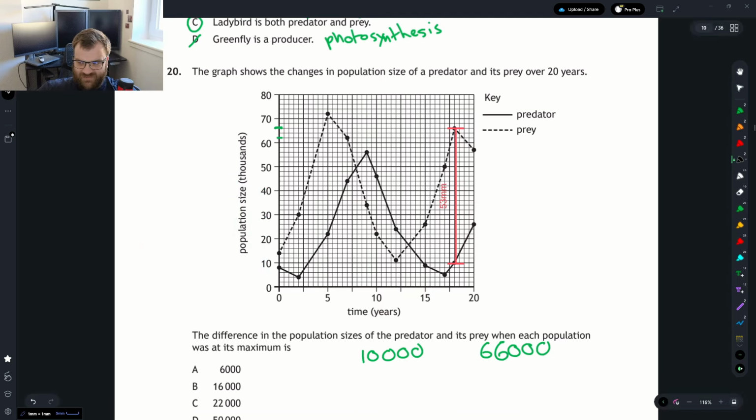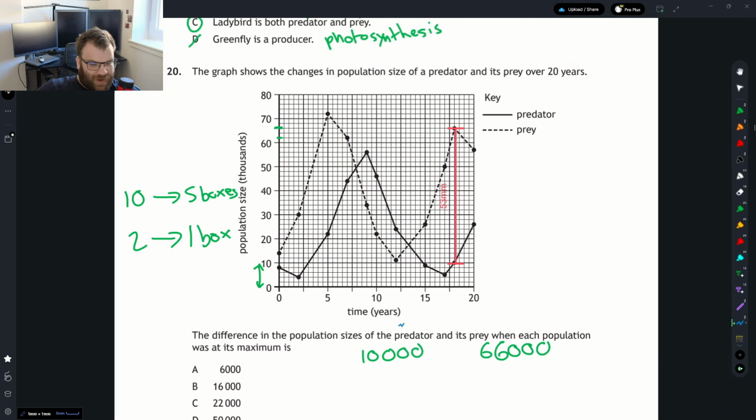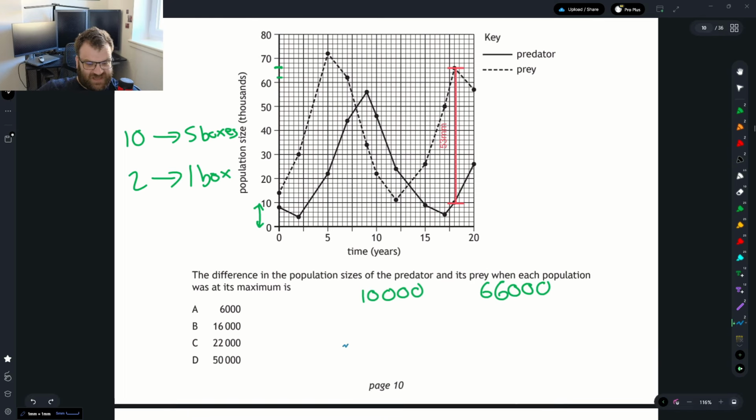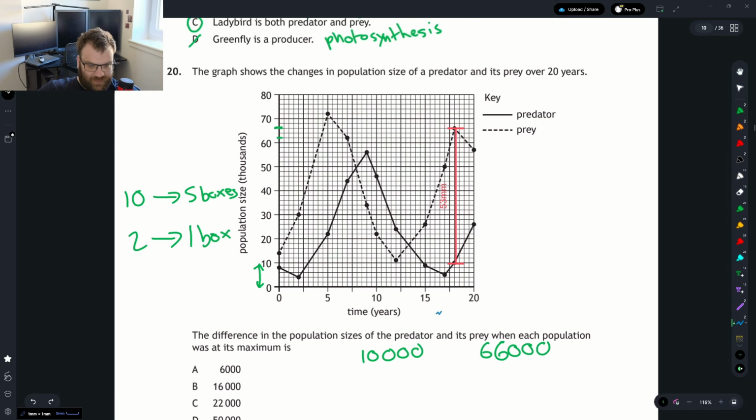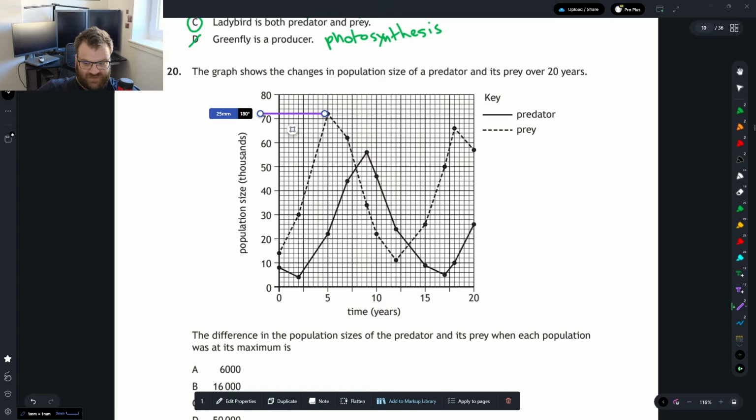Difference between them, take them away from one another, gives you, what have I done? Okay, so I got tricked by that. My answer would have been 56, which isn't an option, thankfully. Otherwise, I probably would have lost that mark. Rereading it, they're actually asking us to look at the maximum for the prey first of all. So let's go here. That would be 72.